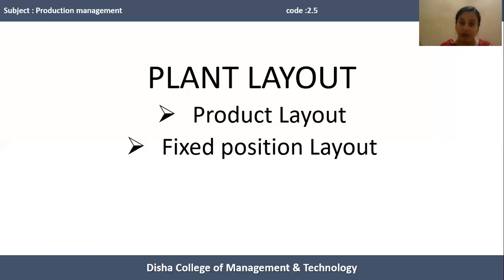Take the example of the iron and steel manufacturing industry. If that industry selects process layout, then the production manager of that plant first locates different departments according to the requirement of production.